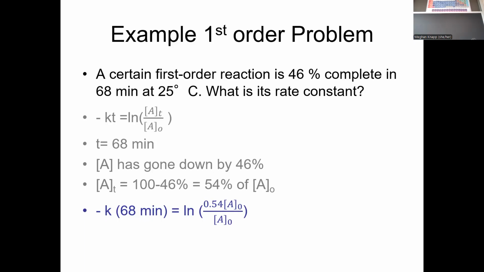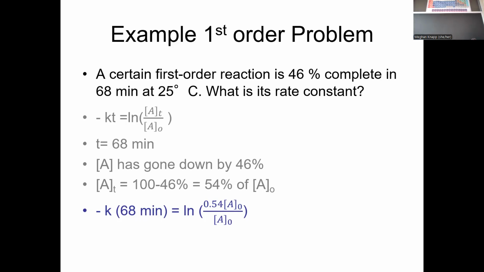But remember, this is a function. This is like times or plus, so it's not the variable, even though it's letters. What's going to happen to A0? They're going to cancel out. So I'm just going to have natural log of 0.54. So that's the advantage of being able to put that in that fraction form, is that you can see they'll disappear. And so we didn't even have to know what A0 was.